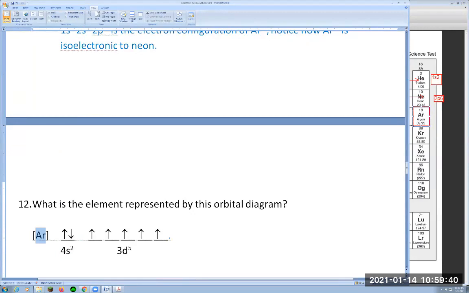Then we have 4s2 with 2 electrons and the 3d5 with 5 electrons. So if we count 18 plus 2 electrons, that's 20, plus 5 electrons, that's 25. So the element we are looking for is atomic number 25.